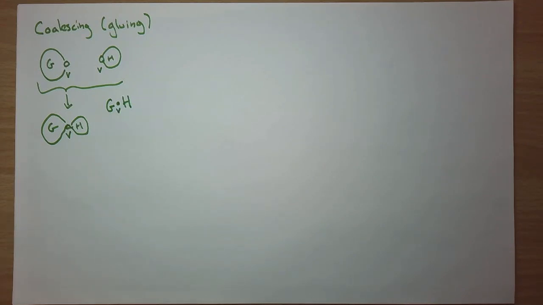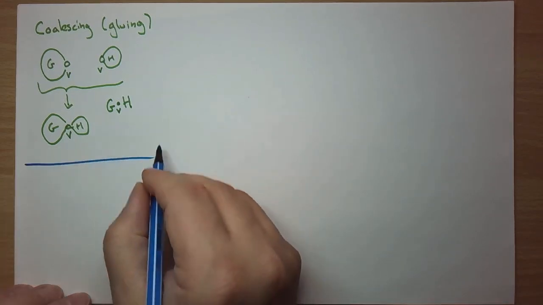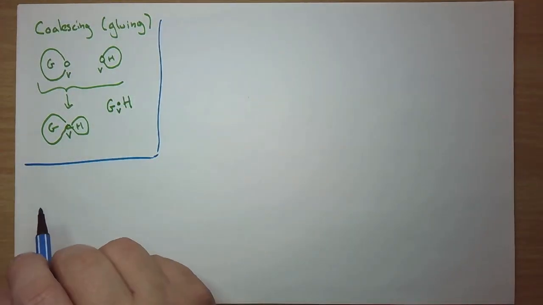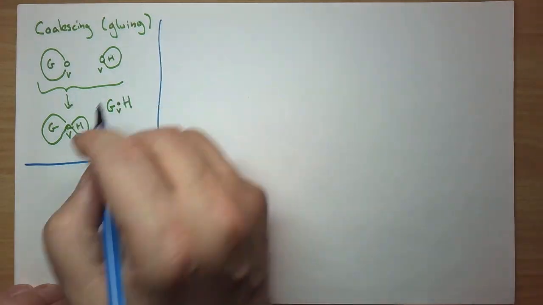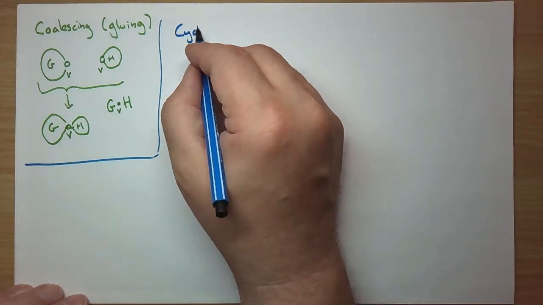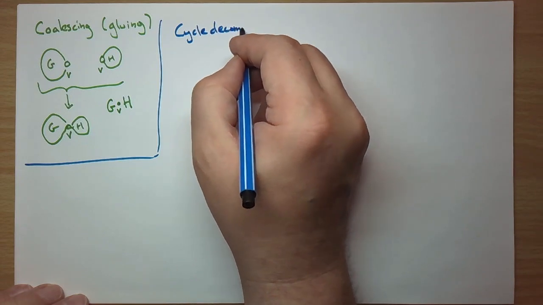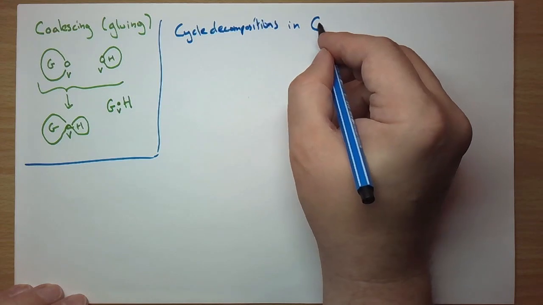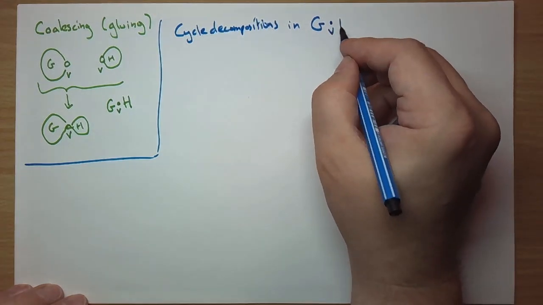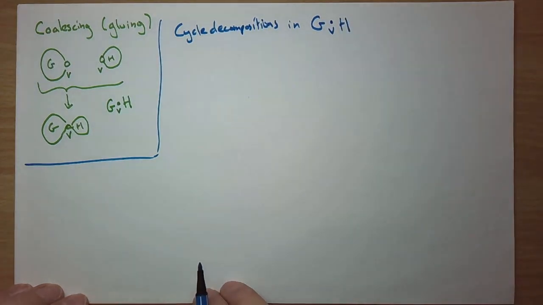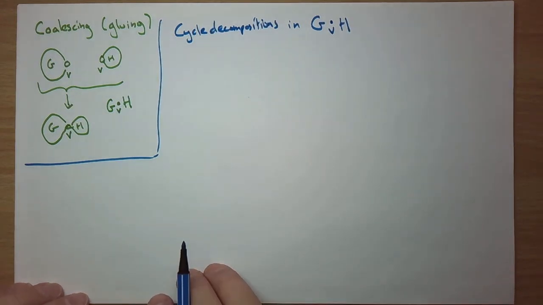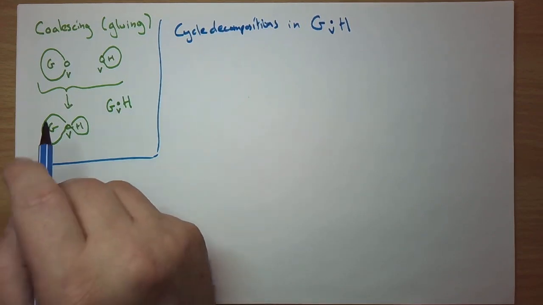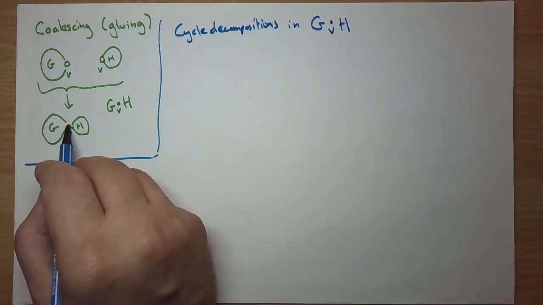So let's take a minute and think about some various things. The thing I want to focus on is what can we say about cycle decompositions in our G coalesced with H, or G glued onto H. And in particular, think about the gluing vertex.